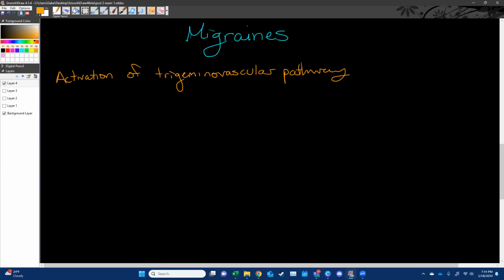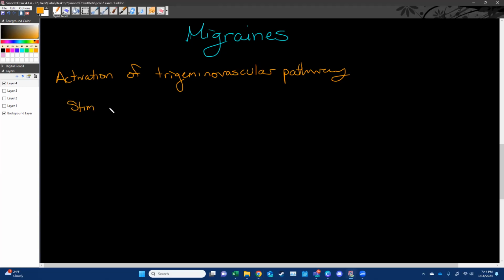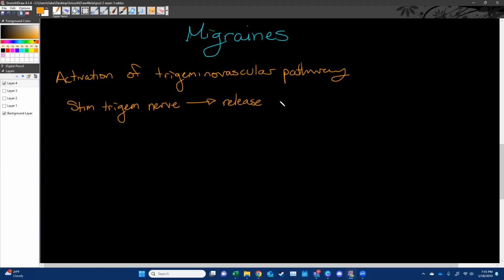Essentially, we believe that the activation of the trigeminal nerves, which are a sensory nerve that originates at the pons part of the brain, the base, and is controlling the eyes, the jaw, the mandibular branches. So we activate the trigeminal nerve, and what ends up happening is we get the release of vasoactive peptides.